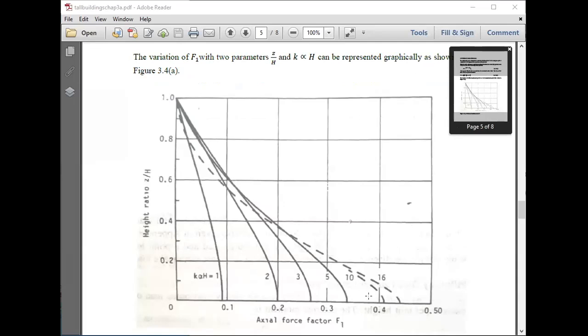So N is equal to W 6, H 64, F1 0.38, K squared 1.08 squared, multiply L 8.5.